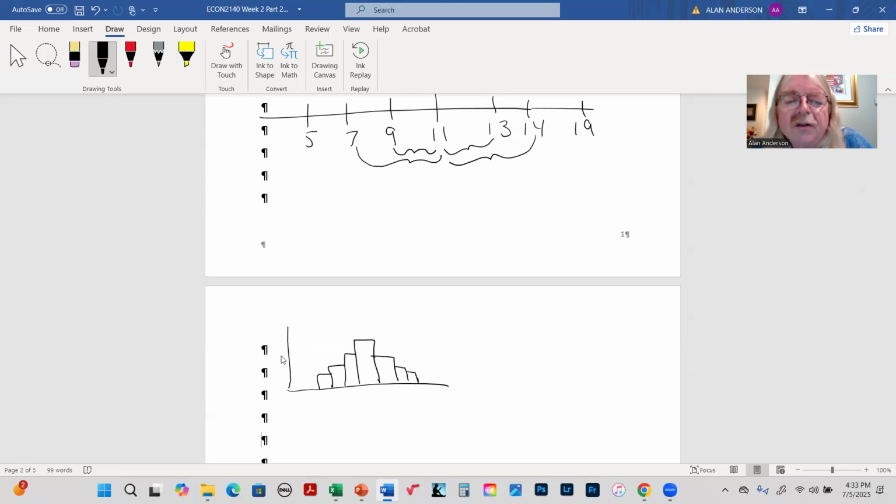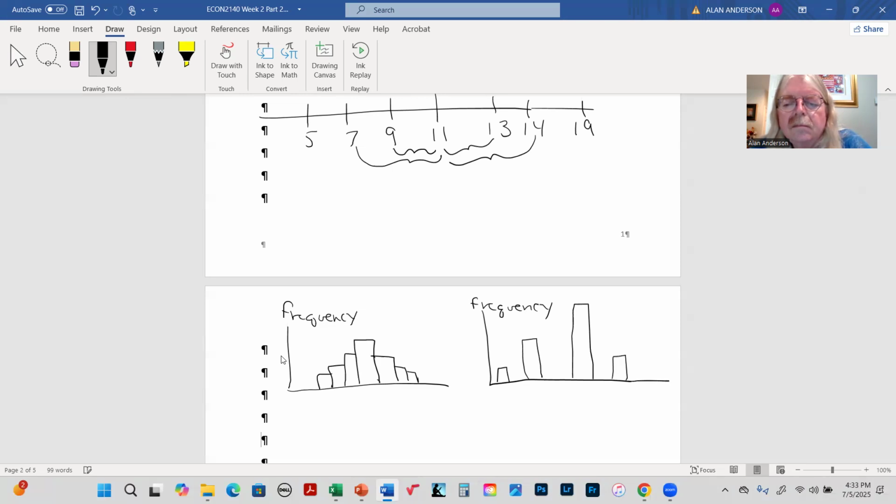And then the heights of the bars are the frequencies. So here, the values are quite close to the center on average. And so let's say we have this case instead. You can see on the right-hand side, the data are pretty far spread out.